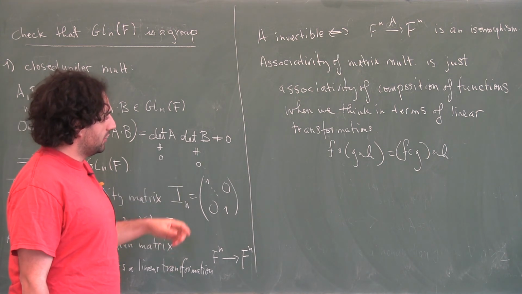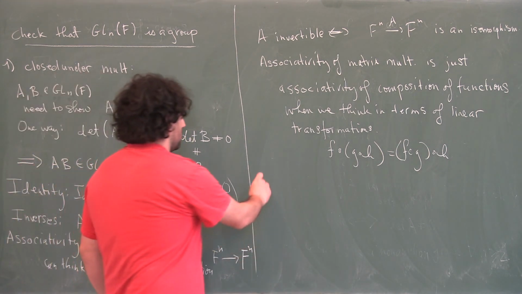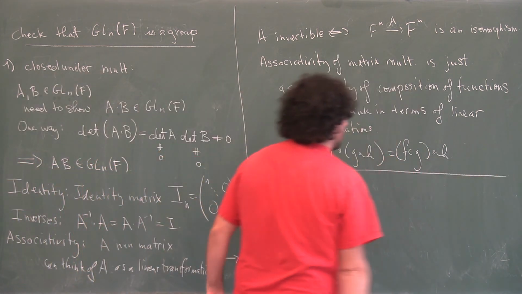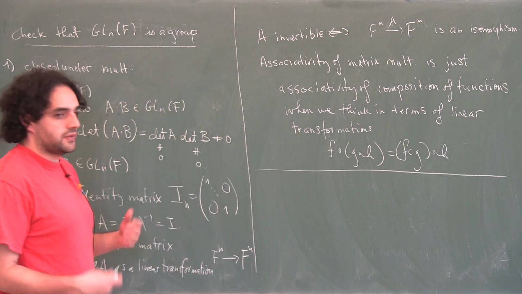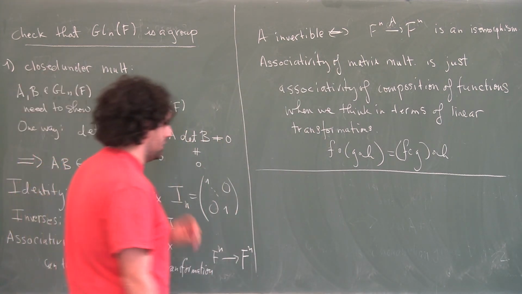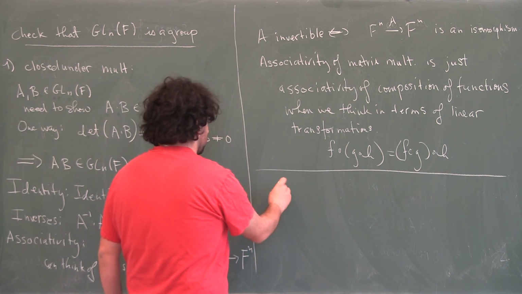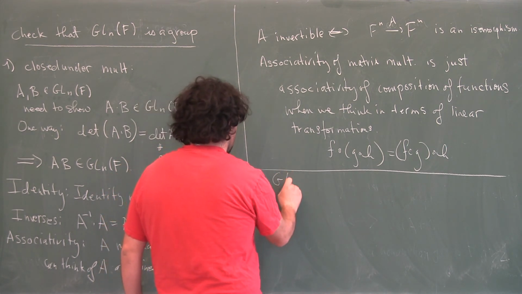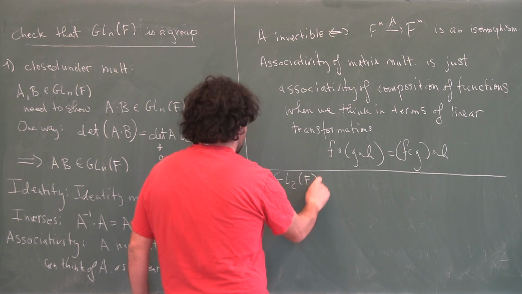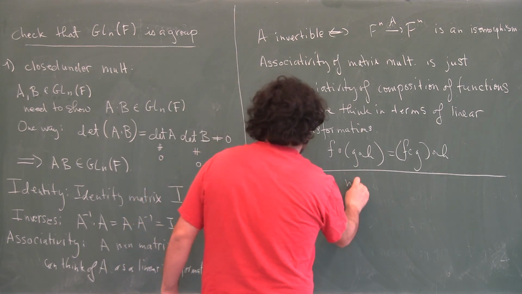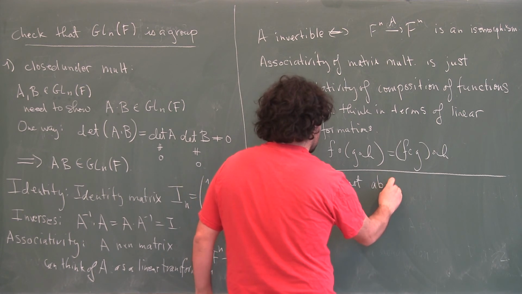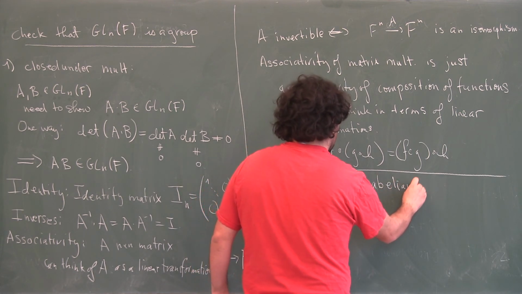Now let's quickly check that it's also non-abelian when n is at least 2. So for simplicity, let's do the case that n is equal to 2. GL_2 of F is not abelian.